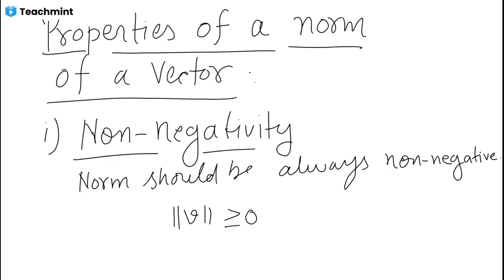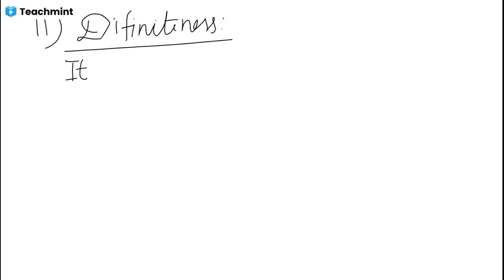Next property, the second one, is definiteness. What does it mean? The norm is zero only when we have the zero vector. It is zero only when the vector is zero.